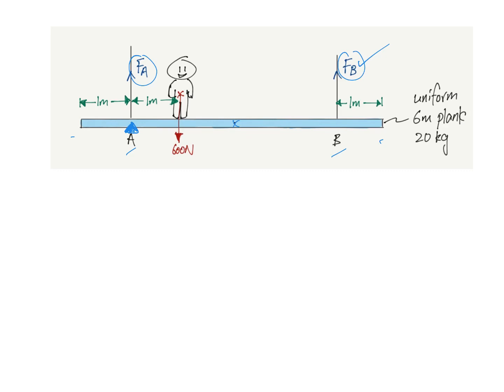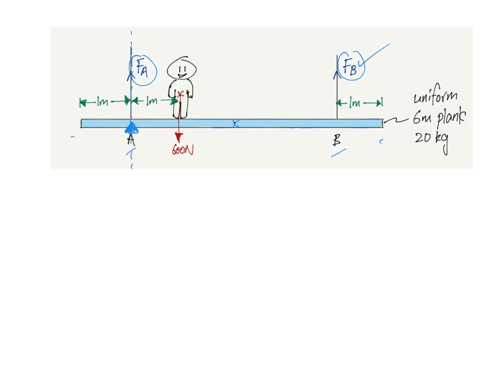Because the line of action of FA passes through the pivot point, there's no perpendicular distance from FA to the pivot, so FA will not create any moment and will not be included in my principle of moment equation later on.